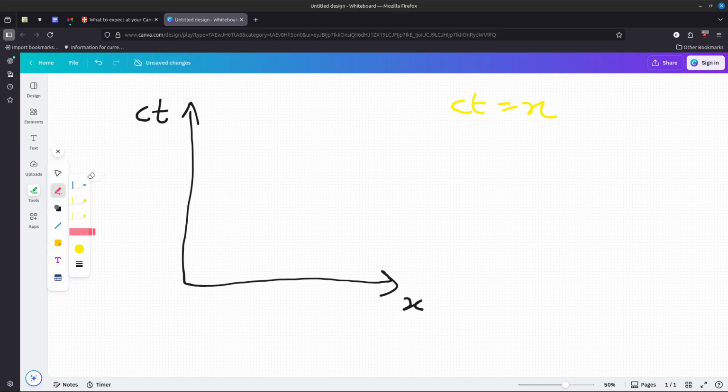if we get rid of this and imagine a train. Okay, we're going to have a train now.